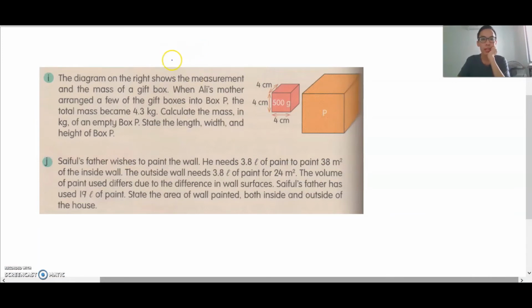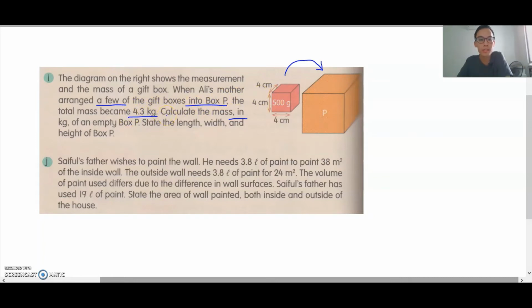Okay, for question 3, the diagram on the right shows the measurement and the mass of a gift box. When Ali's mother arranged a few of the gift boxes into box P, this is the gift boxes, the total mass became 4.3 kilogram.